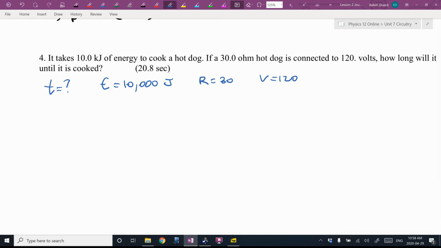I have voltage, 120. What can I do with that? Well, I know that power is energy over time. So time is going to be energy divided by power.